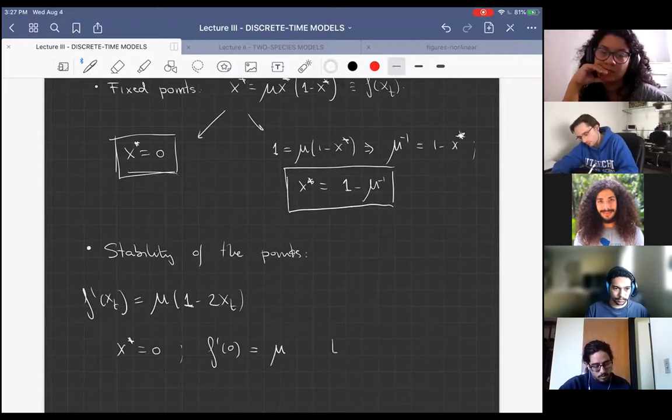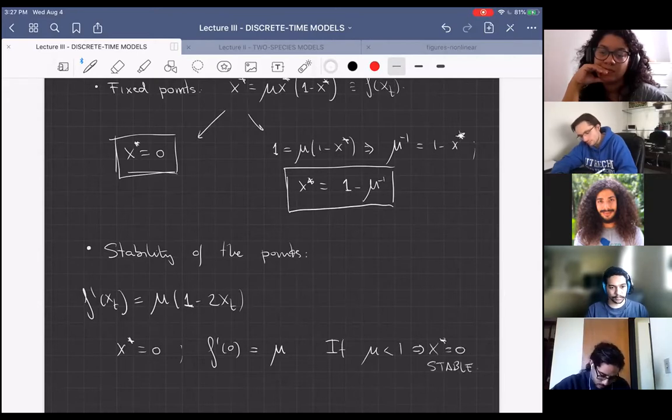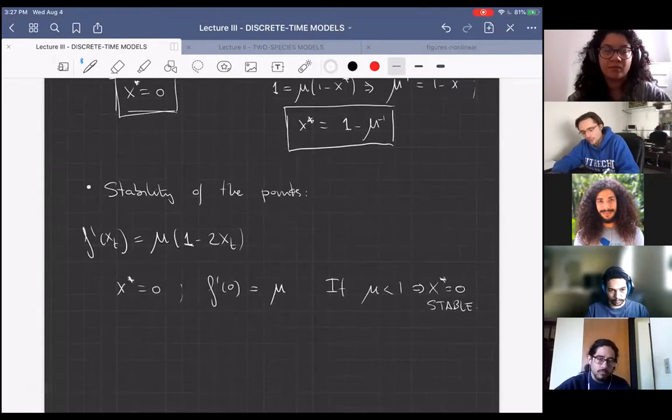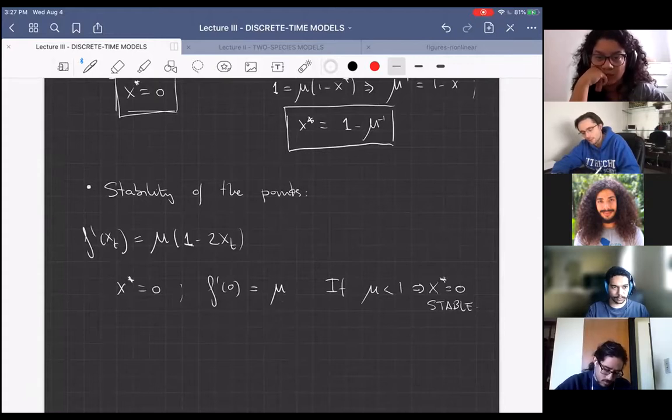So if mu is smaller than 1, x star equal to 0 is stable. Everyone agrees with that? Okay. If mu is bigger than 1, then x star equal to 0 is an unstable fixed point.